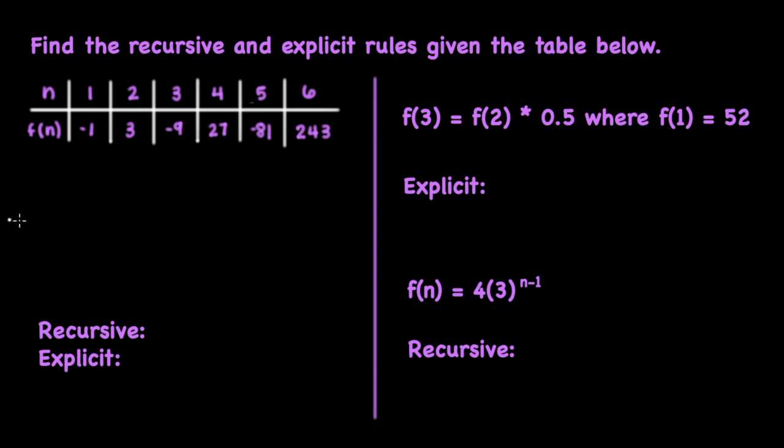In this first problem, we are asked to find the recursive and explicit rules given the table below. So recall from our previous video that the general recursive rule for a geometric sequence is f of n is equal to f of n minus 1 times r, for n is greater than or equal to 2 and given f of 1.